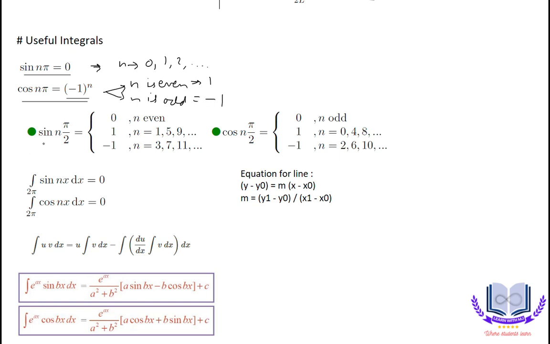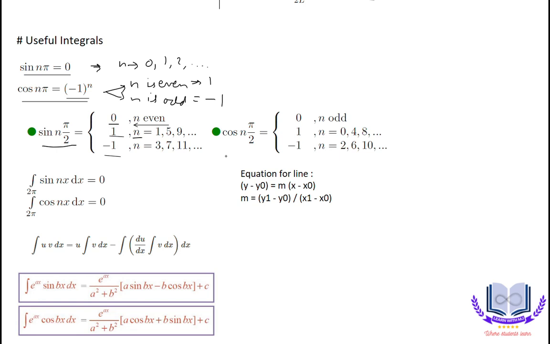Okay. Now we also have the formula for the half angle, like sin n pi by 2. It means like sin 3 pi by 2, sin 5 pi by 2, and so on. Whenever n is even, the value can be directly replaced with 0. Whenever n is of the form 4k plus 1, the value is 1, and for 4k plus 3, we can directly replace it by minus 1.